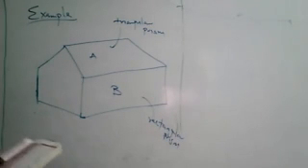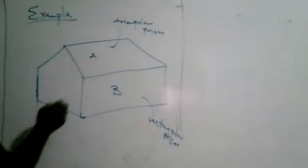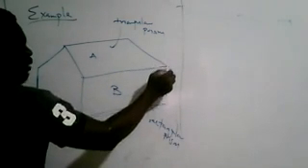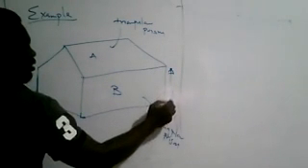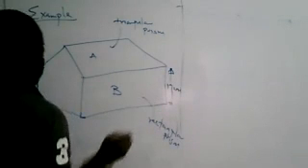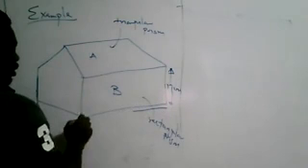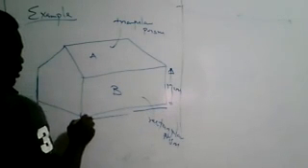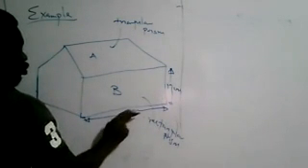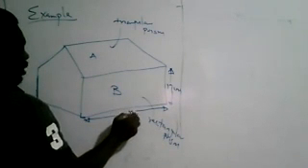So what are the parameters we have? From here, they said this place to this place is 17 centimeters. This place to this place, that is the length, is 12 centimeters.